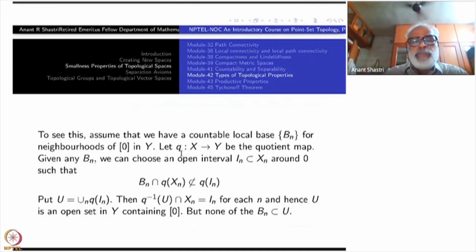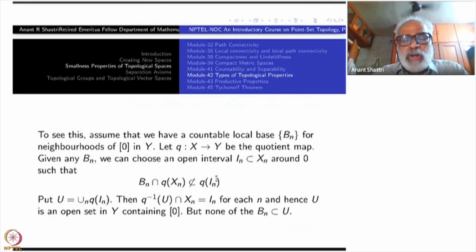Given any Bn, like B1 you pick up, then I can choose an interval in the X1 copy of R around 0, so small that B1 intersection Q of X1, the image of that line, is not contained inside this Q of I1.